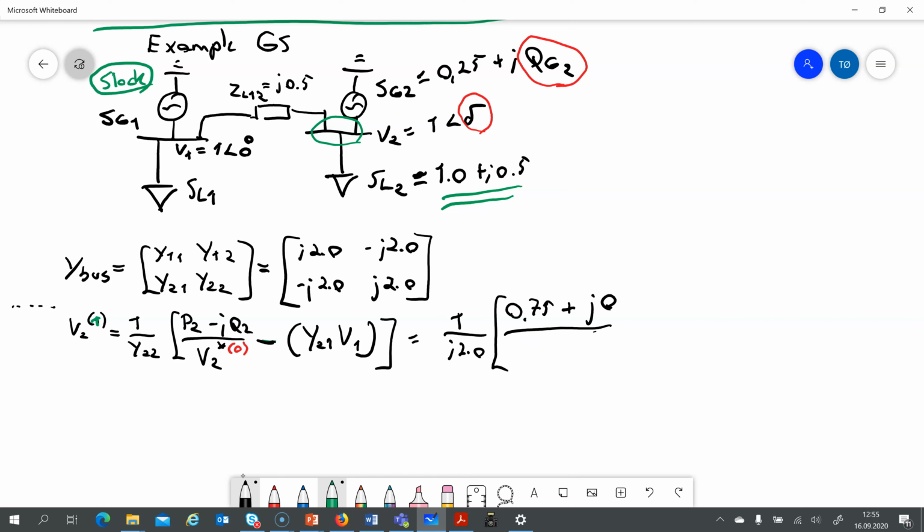And as default I'm using flat start, 0 angle, 1 per unit, minus 0.0.